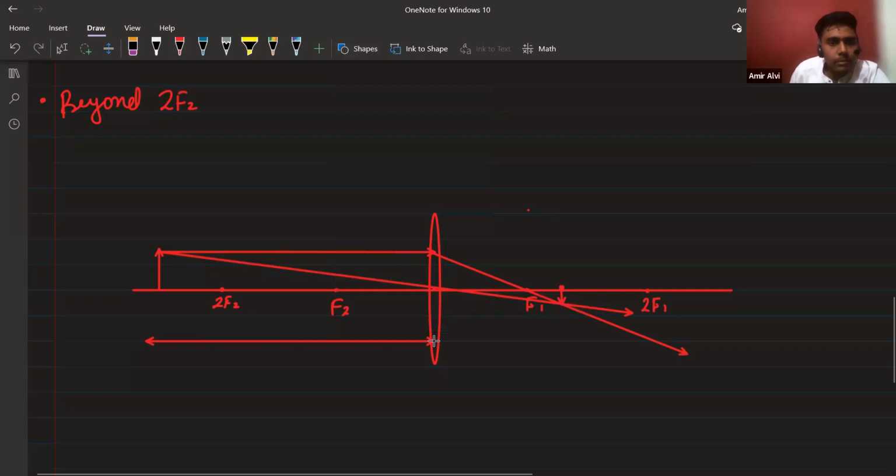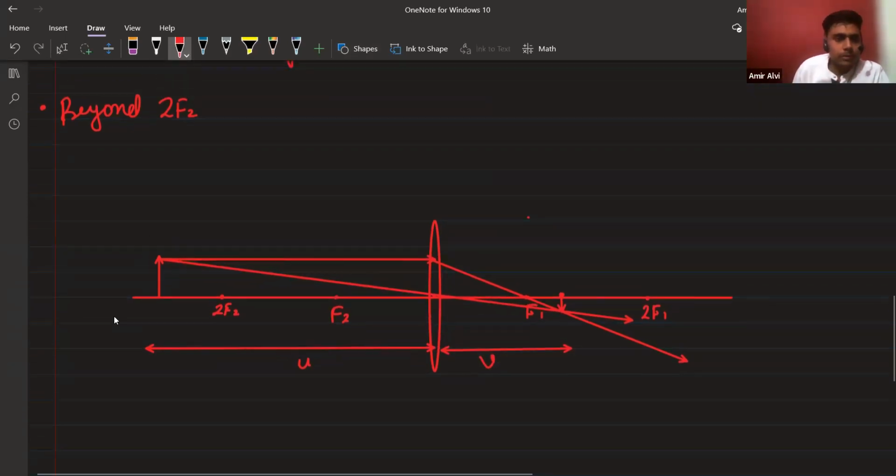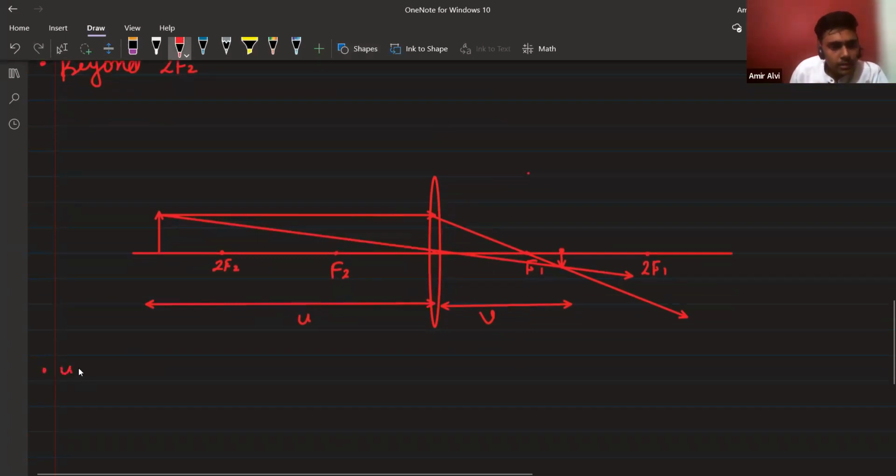So now let me take some labeling. This is your U. This is your V. So U is at beyond 2F2.